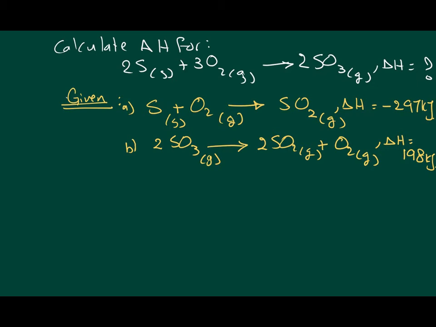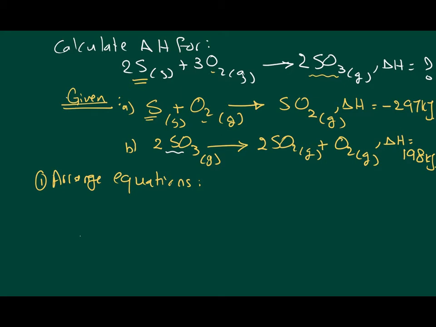How to solve? Look at the reactant and product to see, do you need to arrange equations or not? We need the products and the reactant to be on the correct side of the arrows. Reactant here, S is correct, plus O2. So I'm not going to reverse equation A. If you look at equation B, I have here SO3 as a reactant, and on this equation as a product.